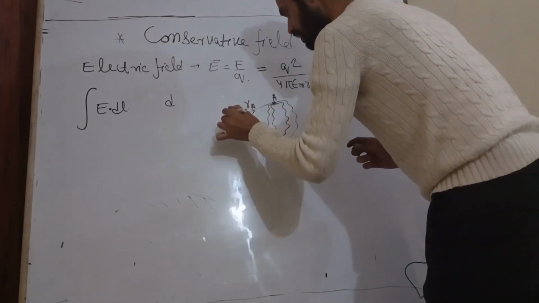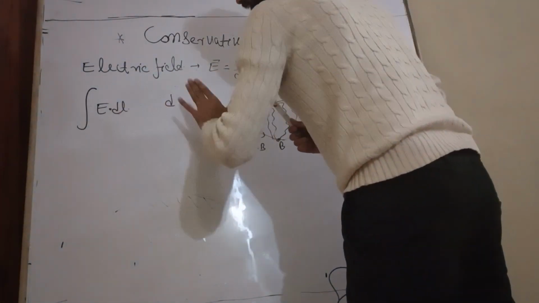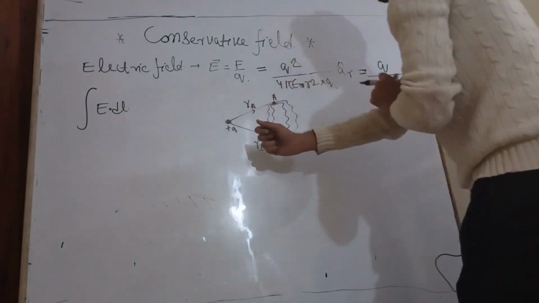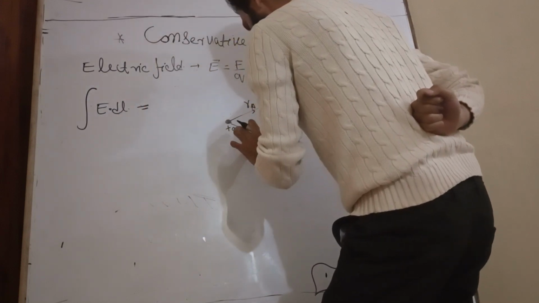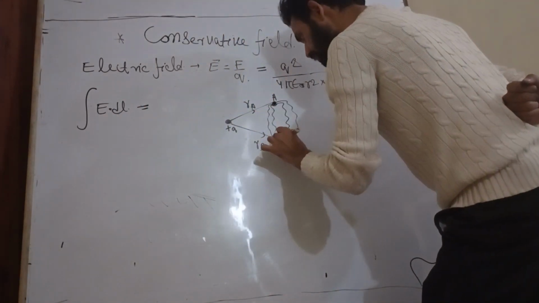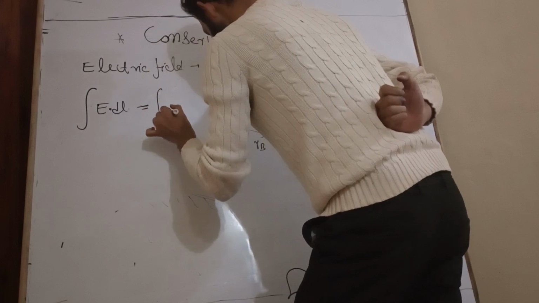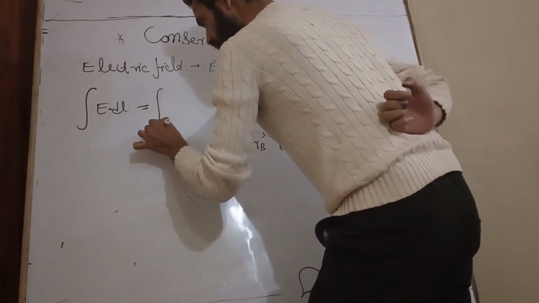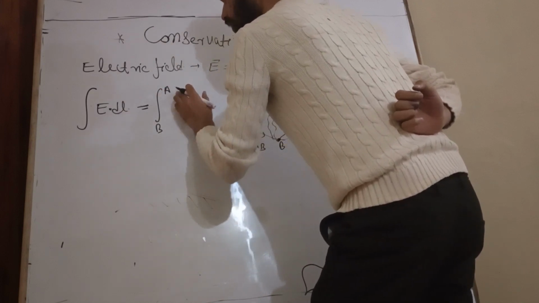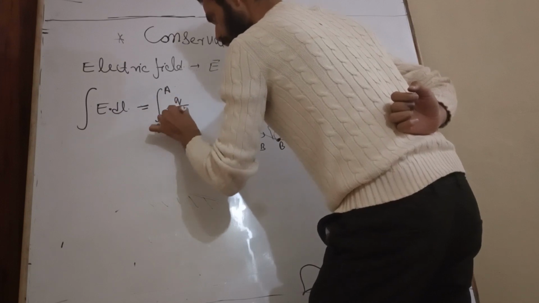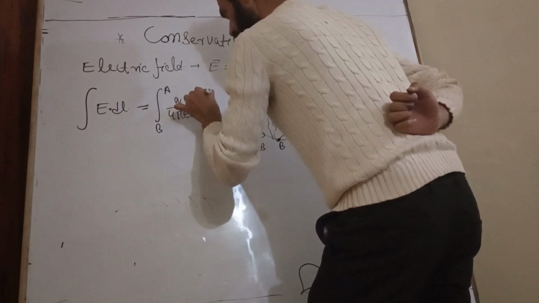Let's solve this line integral of E vector dot dl along the path from B to A. The electric field is q by 4 pi epsilon r square times the unit vector r.